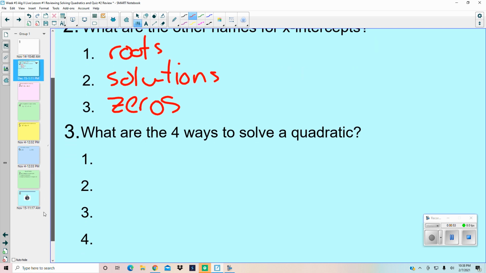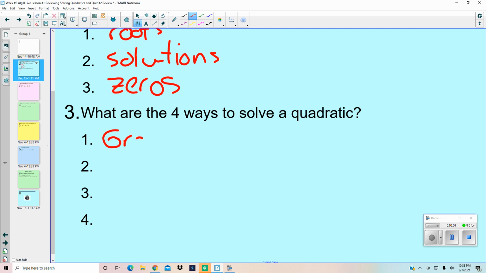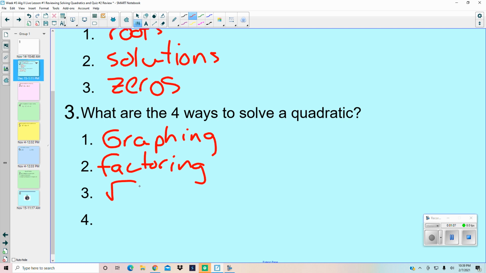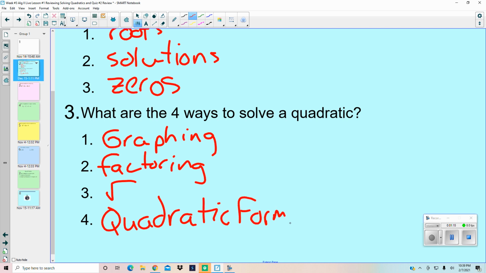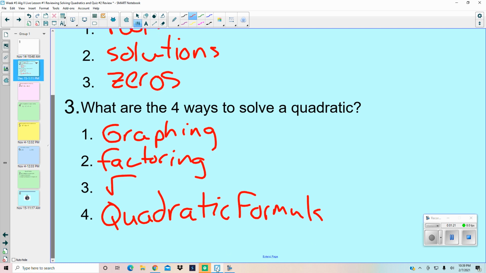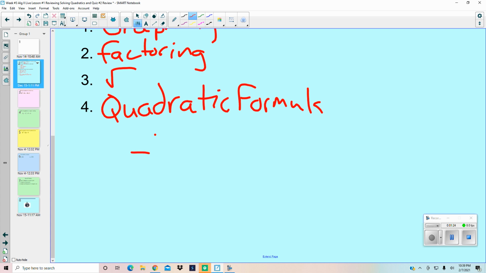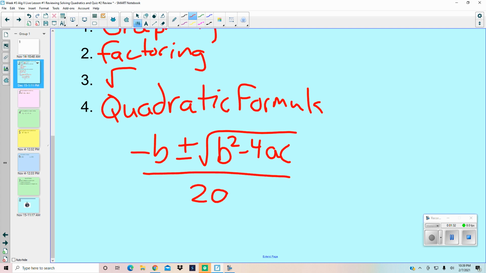And then the four ways to solve a quadratic are by graphing, factoring, square rooting, and then the quadratic formula, which is negative b plus or minus the square root of b squared minus 4ac over 2a.